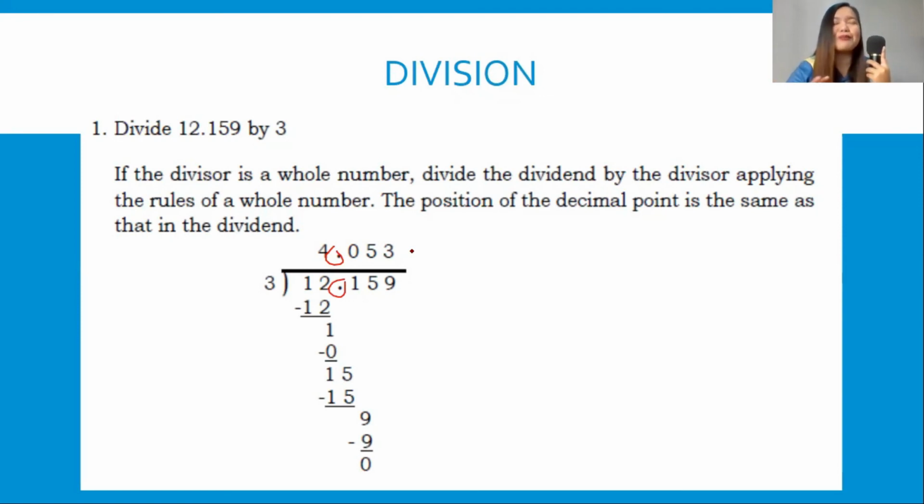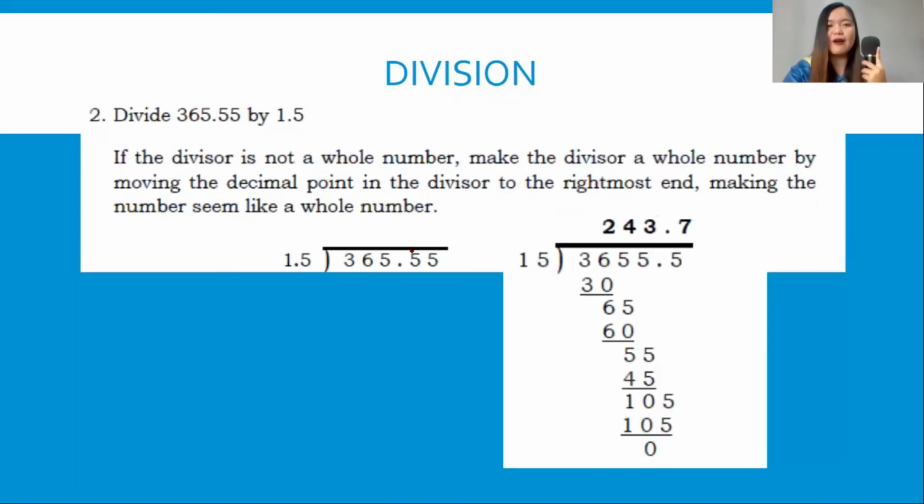The decimal place is what matters in here, but the rule is just the same as when you divide whole numbers. Another example is if the divisor is not a whole number, make the divisor a whole number by moving the decimal point on the divisor to the rightmost end, making the number seem like a whole number.